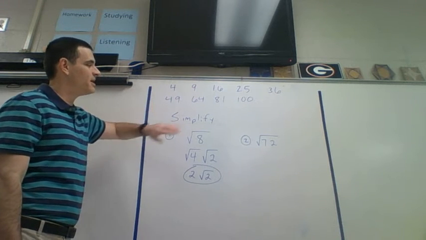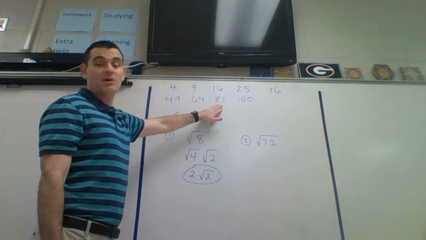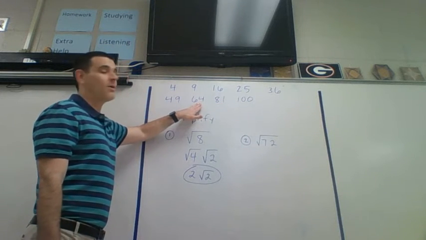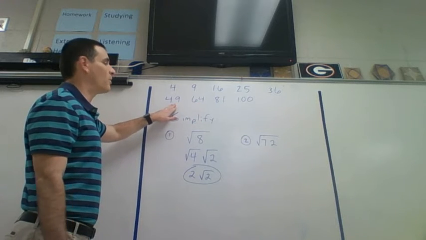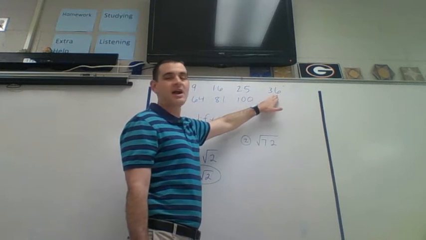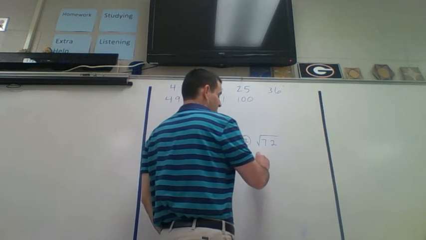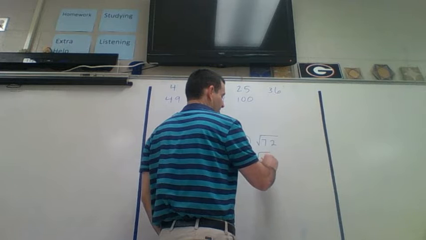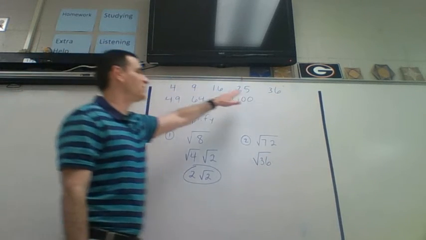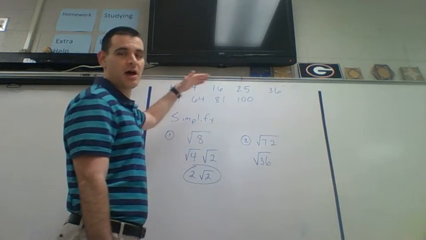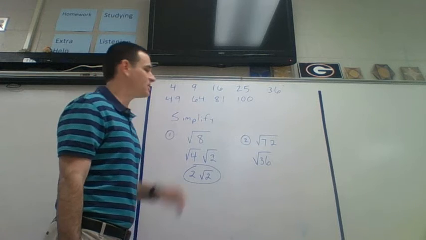So I'm going to go backwards. 100 is too big to go into 72. 81 is too big. 64 is less than 72, but it doesn't go in there evenly, nor does 49. But if you take your calculator, if you need to, and divide 72 by 36, that does work. So 36 is better than 4 here. So again, go this way, go down, not up. Don't start with 4, start with 100 or go backwards.